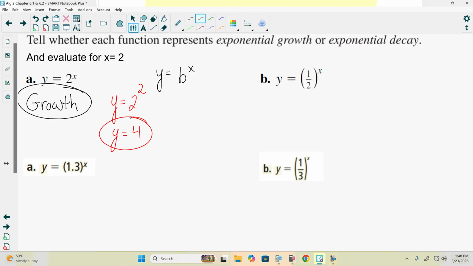Let's look at B. y equals 1/2 to the x. It is decay because the value of b is what? It's less than 1 and greater than 0. Now we need to evaluate it when x is 2.